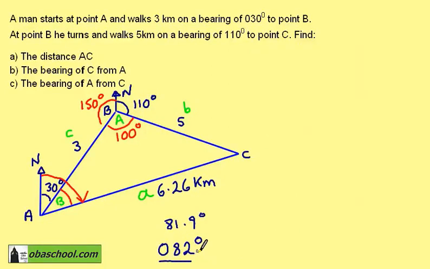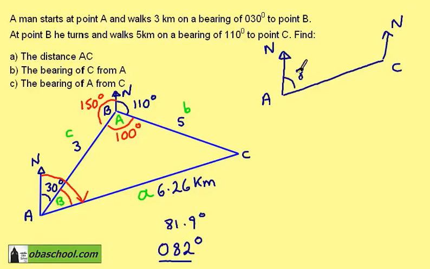Finally, we want the bearing of A from C. If we draw a diagram, here's the north line, and this is the point A, and C is over here, and we can draw a north line at C. This bearing we've worked out is 82 degrees, and again using co-interior angles, we know the sum of these two angles must be 180 degrees, so this angle is 98 degrees.